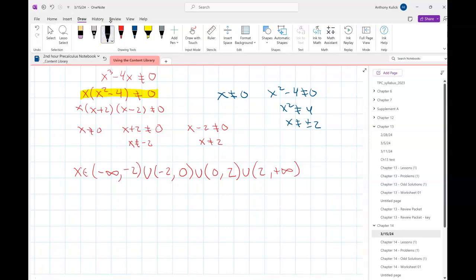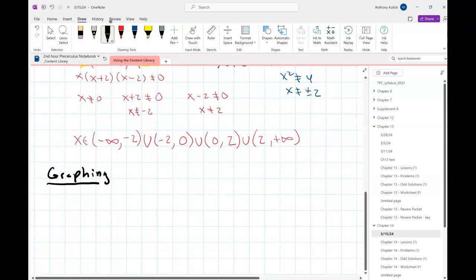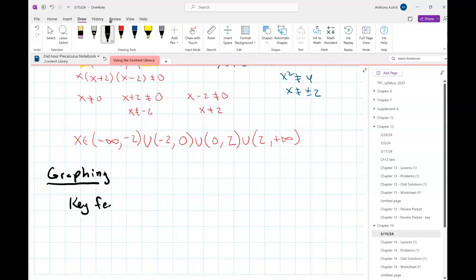So the topic we're going to start with is graphing. When we're graphing, there's several key features that we're going to want to include in our graph.